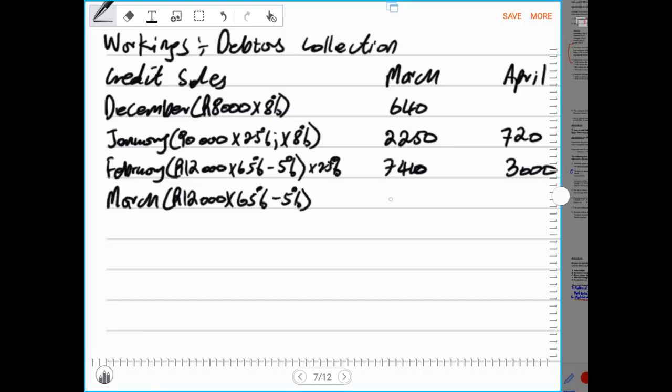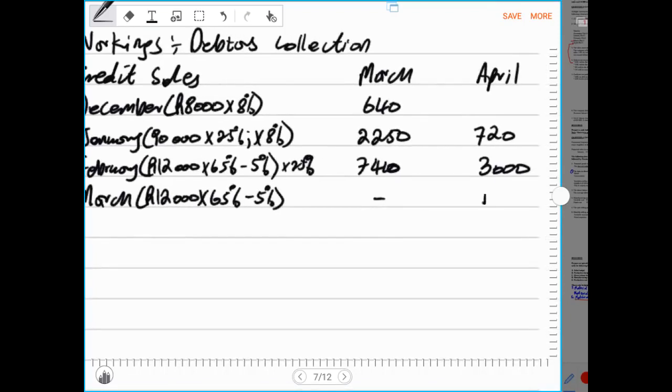Then that will be the collection of the month of April, and that collection will be 7,410.